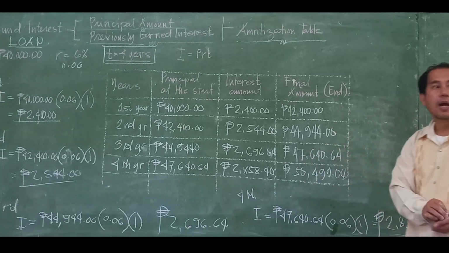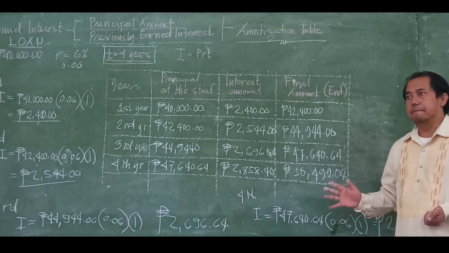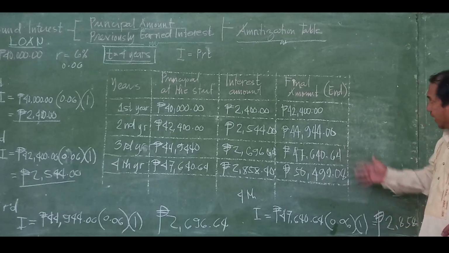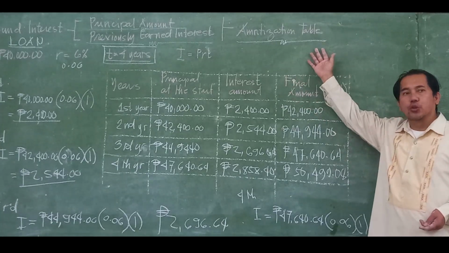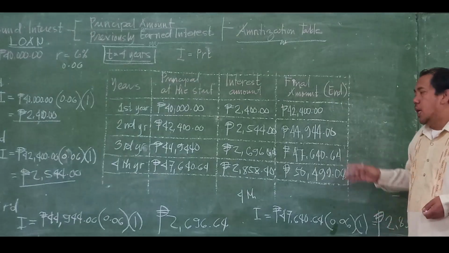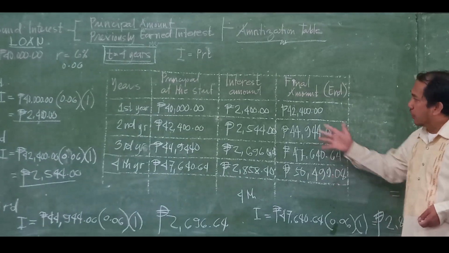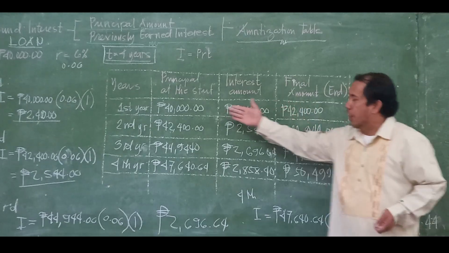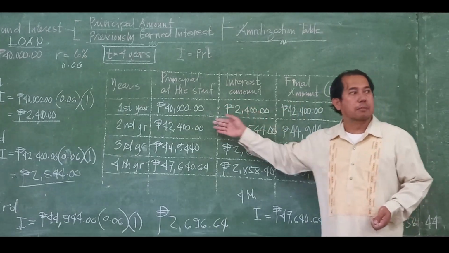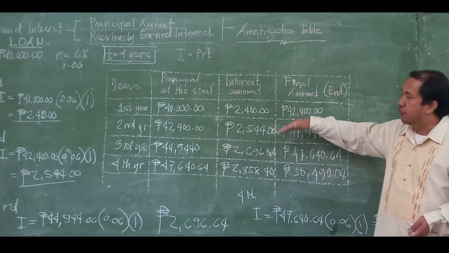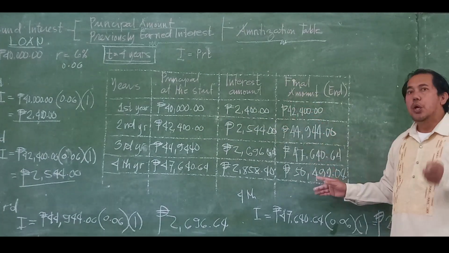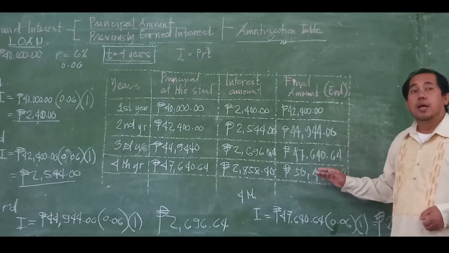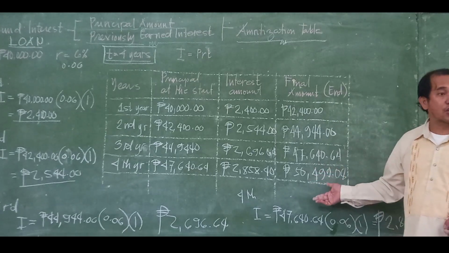Listen. Notice that when we are saying amortization table, when you commit a mistake in the first part of the computation, you will always have a bad result in the last computation.